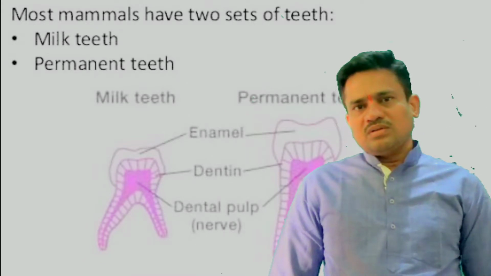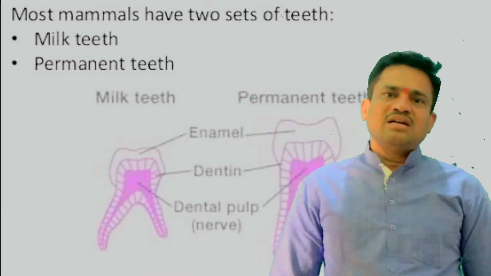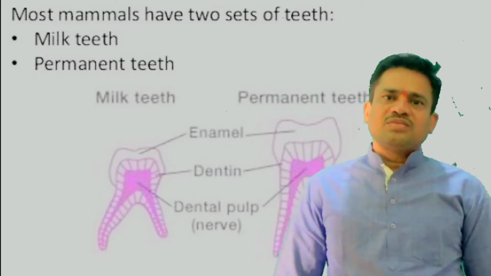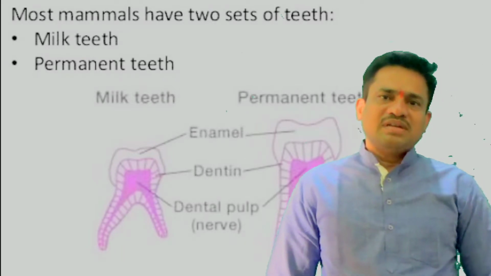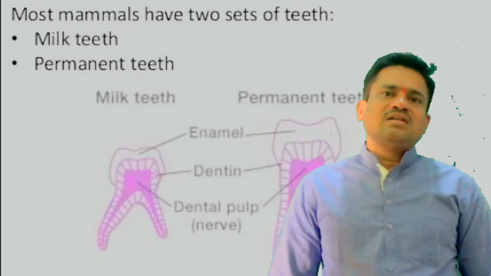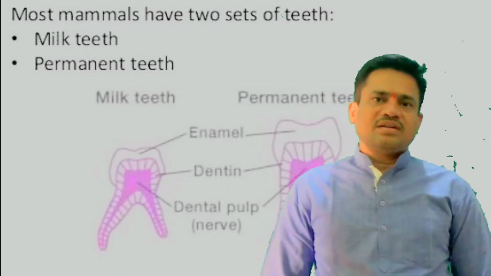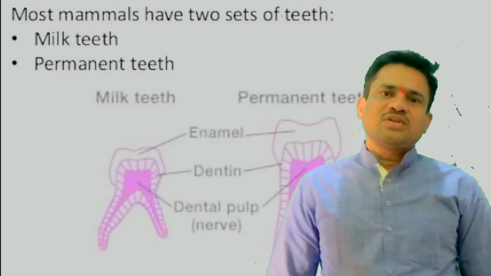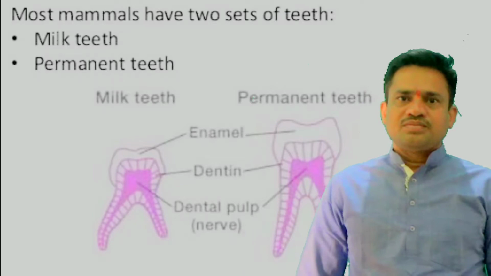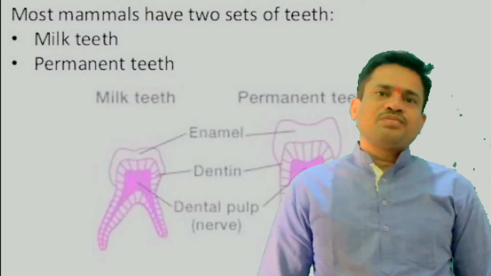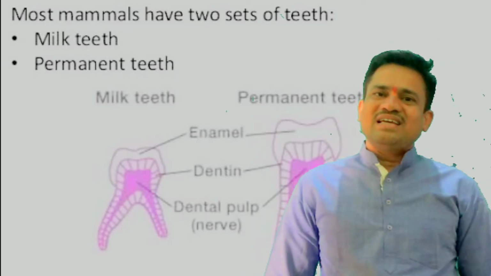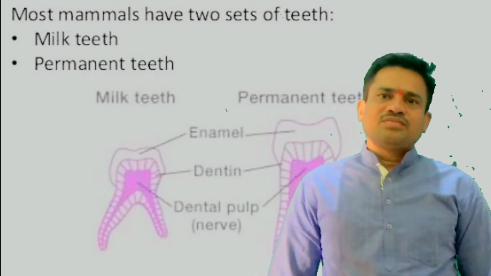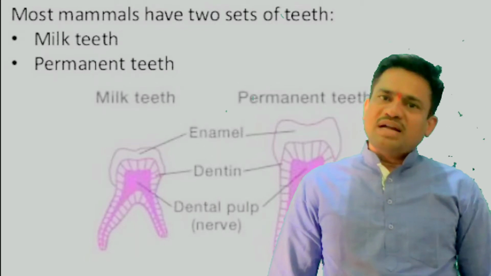This kind of variety of teeth is called heterodont dentition. Hetero means different in structure and function. In some organisms, in mammals also, there is only a single structure and the same function; those are homodont dentition.